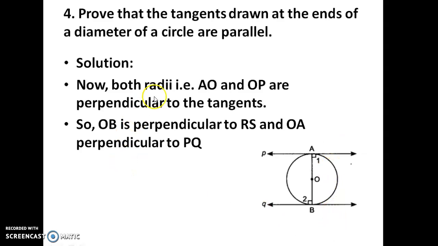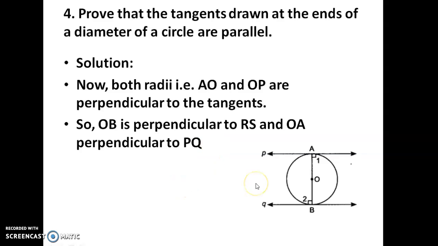Now both radii AO and PO are perpendicular to the tangents. We know that the radius and tangent are perpendicular. So OB is perpendicular to RS and AO is perpendicular to PQ.